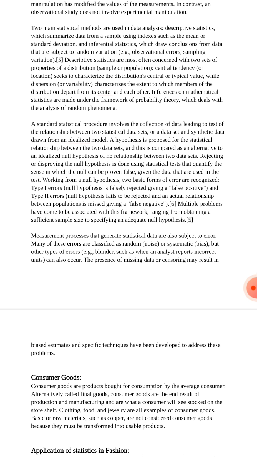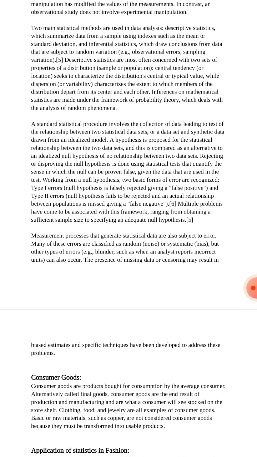can be proven false. Given data that are used in the test, working from a null hypothesis, two basic forms of error are recognized: type 1 error and type 2 error. Type 1 error: the null hypothesis is falsified, giving a false positive.